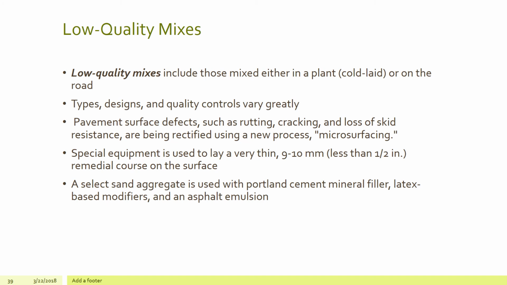Pavement surface defects such as rutting, cracking, or loss of skid resistance are being rectified using a new process called microsurfacing. Special equipment is used to lay a very thin, less than a ½ inch, remedial course on the surface. A select grade or sand aggregate is used with Portland cement, mineral filler, latex-based modifiers, and asphalt emulsions.